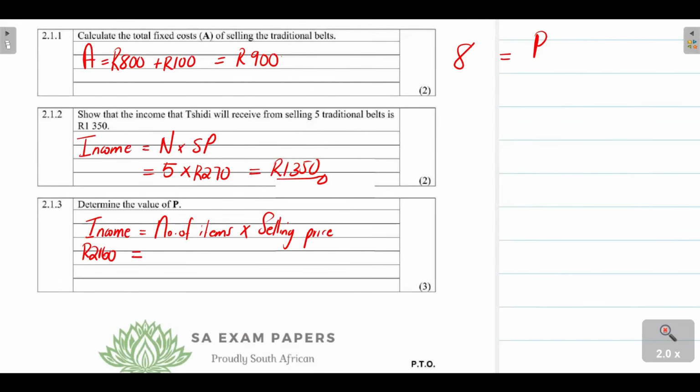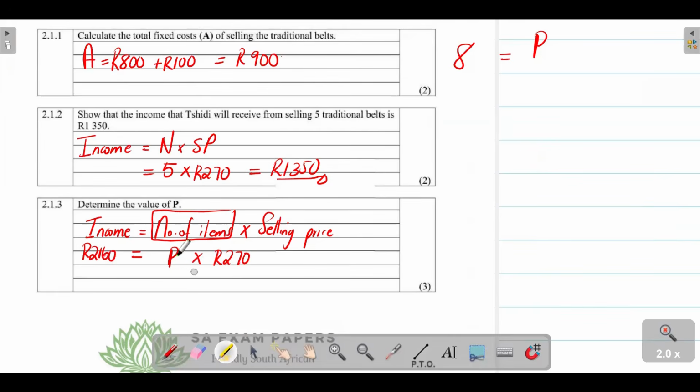is equal to, we are trying to determine the number of items, that's P, multiplied by what's our selling price for one belt? 270. Then I want to solve for P. I want to find out what is the value of P. I want my P to be on its own. So for me to isolate this P, I need to always think about inverse, inverse, inverse.